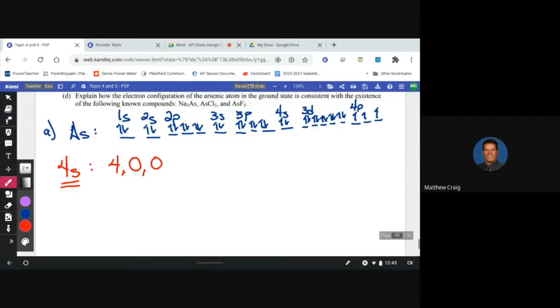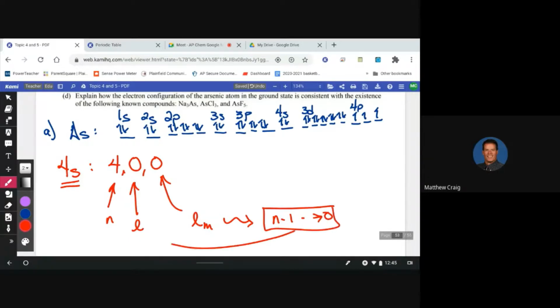So this is n, this is l, this is m sub l. The second goes from n minus 1 through 0. And the third represents l through 0 through negative l. Well, we only have 0, so that's our only option.